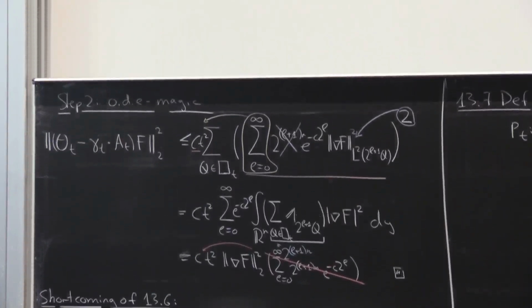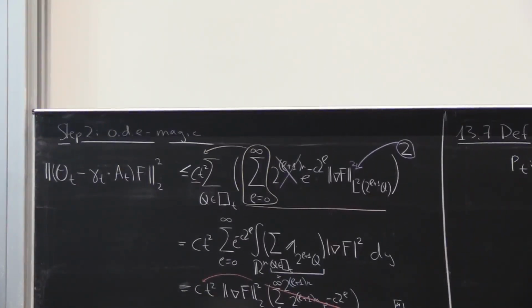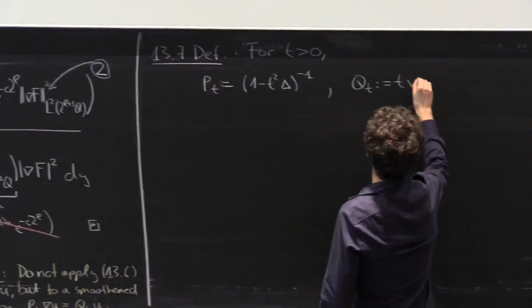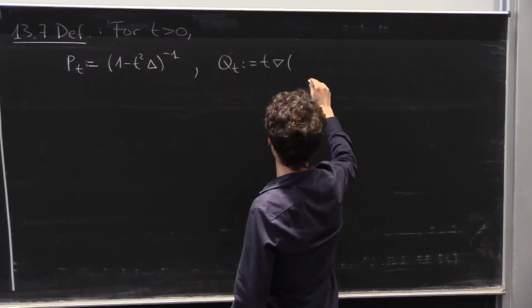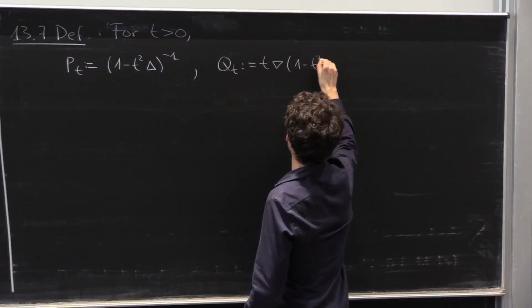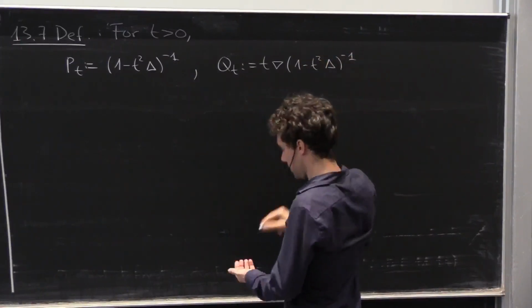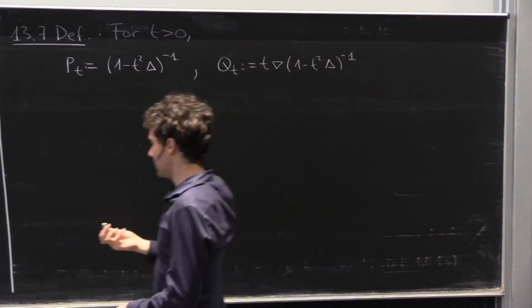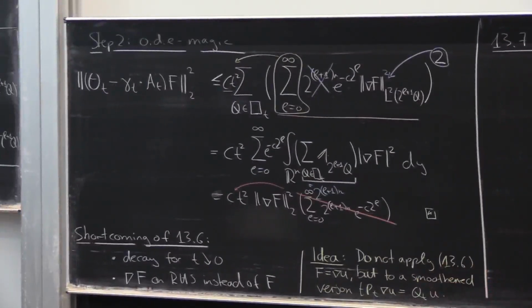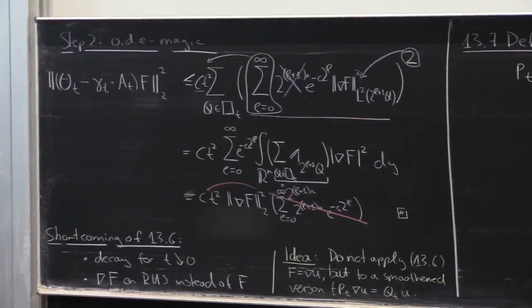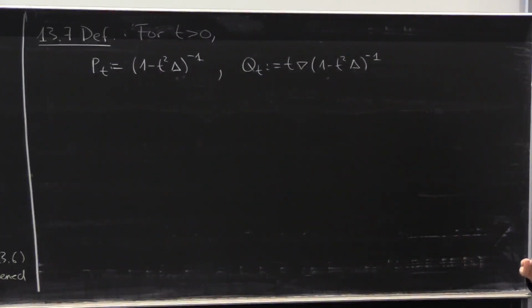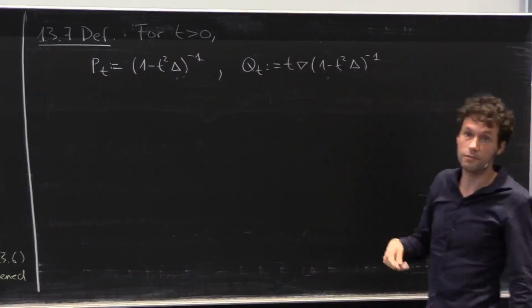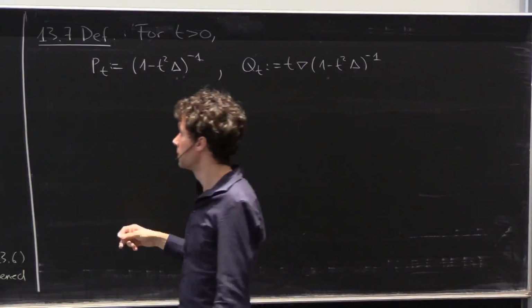So I set Qt to be t times gradient times (1 minus t squared delta) to the minus 1. Right. And so I want to play a t here. Okay, and then you see these are resolvents and gradient families associated with the divergence form operator Laplacian. So these are uniformly bounded families in L2.